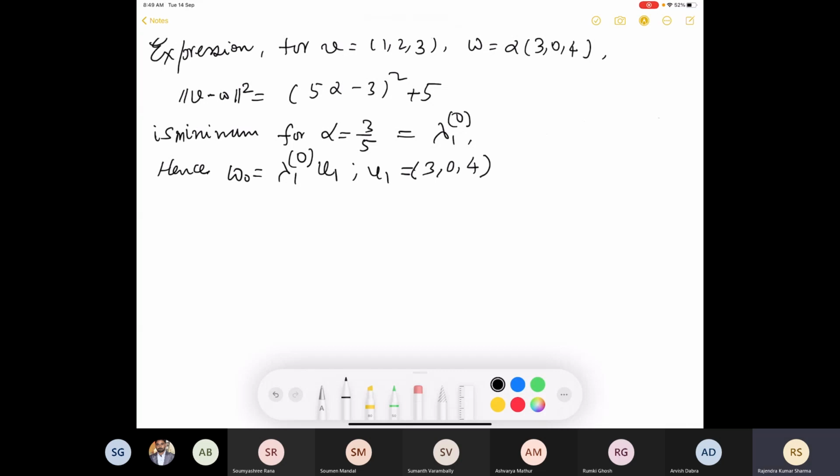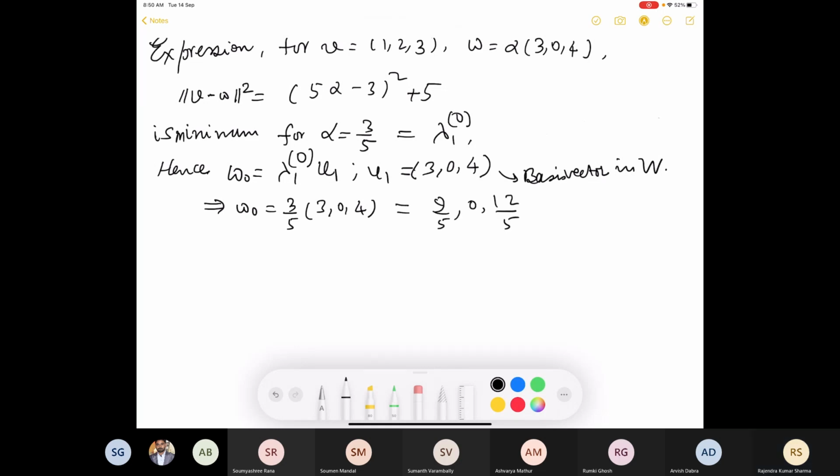Go through the proof once again, and you will find out that this is that. So that makes W naught 3 by 5 times (3, 0, 4), that is (9 by 5, 0, 12 by 5).